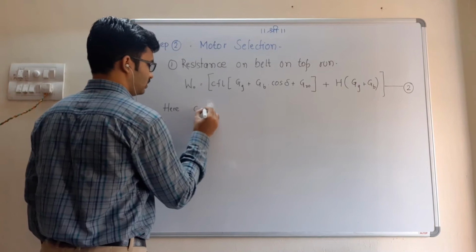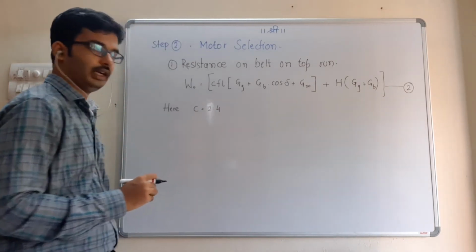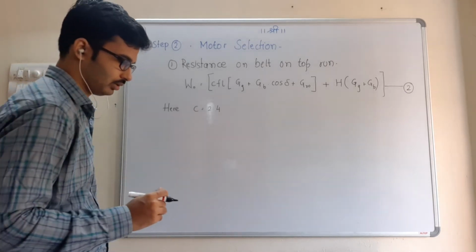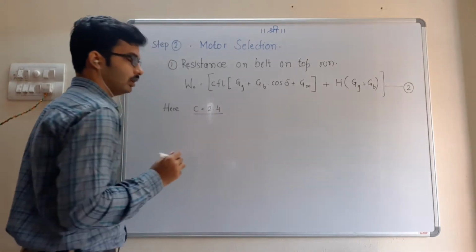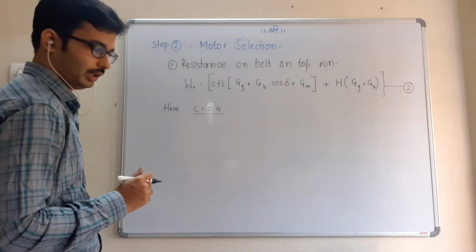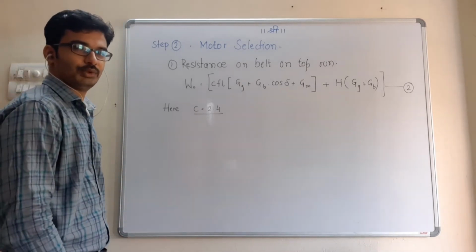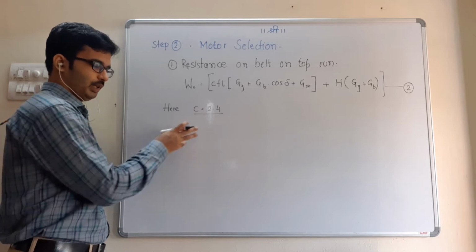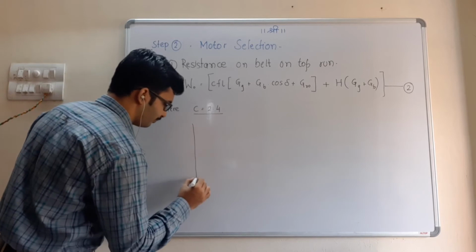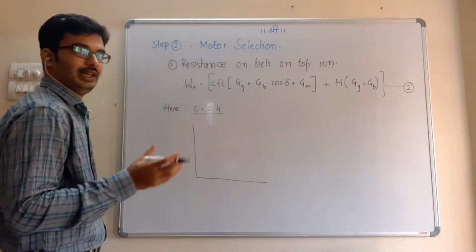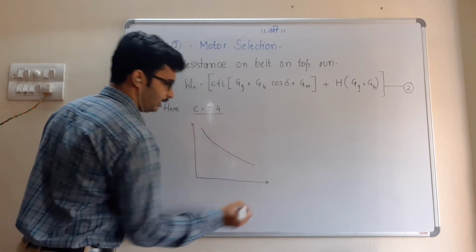Here C is 2.4. This C is nothing but your secondary resistance factor. You can refer to it from the graph, which is given in the PHG data book itself, in PHG 9.18. There you will find a graph of the length of the belt versus this secondary resistance factor.